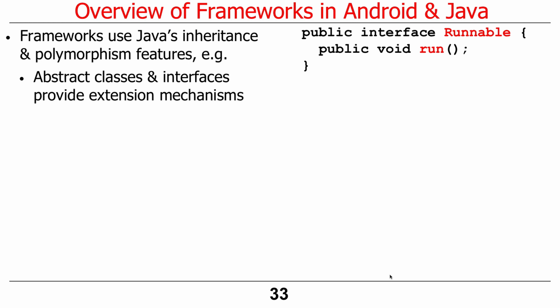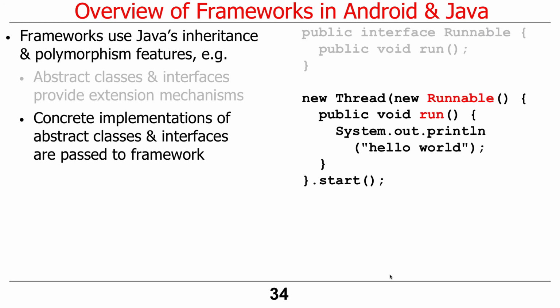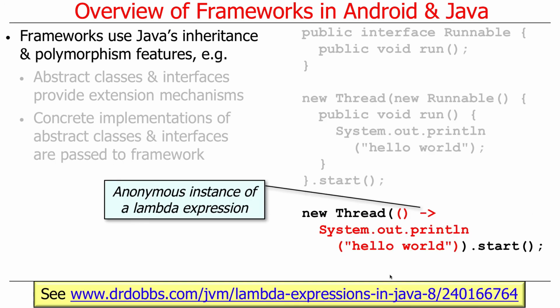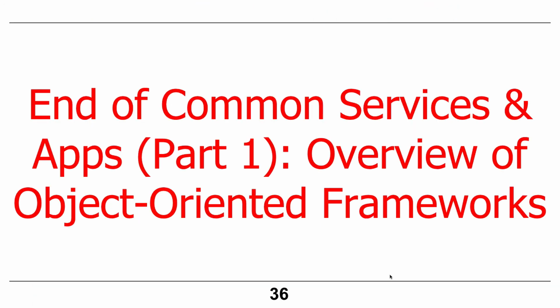So here's an example where you have an abstract class or an interface with a virtual method or an abstract method, and then you can come along and customize it to fill in what it does. And that's an anonymous instance of an anonymous inner class. That's so 2014, and this is the way you do it now with lambda expressions, much cleaner. Okay, so that's just a quick overview of the concept of an object-oriented framework, going a little bit deeper than we had talked about previously.